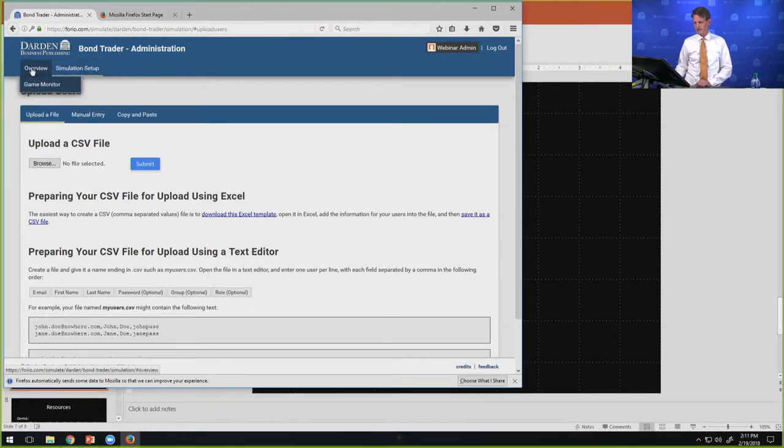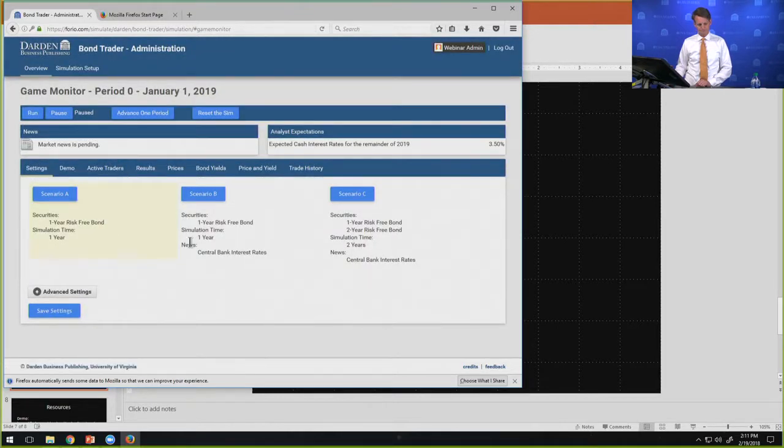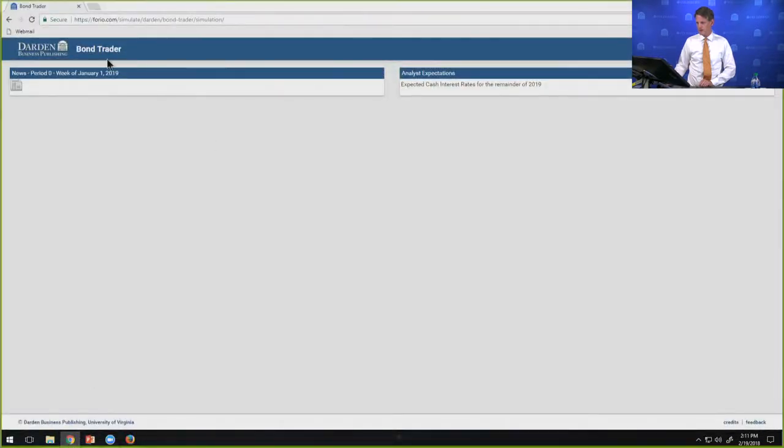So once that's set, we go to the game monitor. Now I've sent each of you login names through the Forio system, and I invite each of you to go to the address forio.com/simulate/darden/bond-trader/simulation.